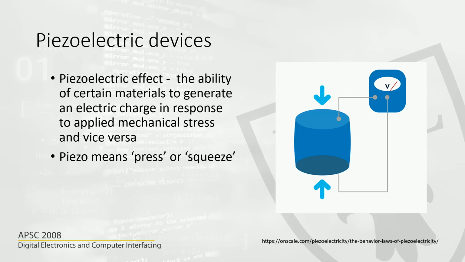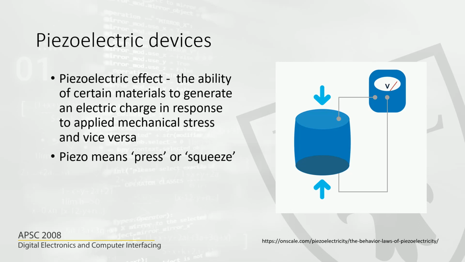When you squeeze this sensor, typically a quartz crystal or some crystals like that, it generates a potential across the other sides. That's what happens in a piezoelectric device, which is typically a crystal.